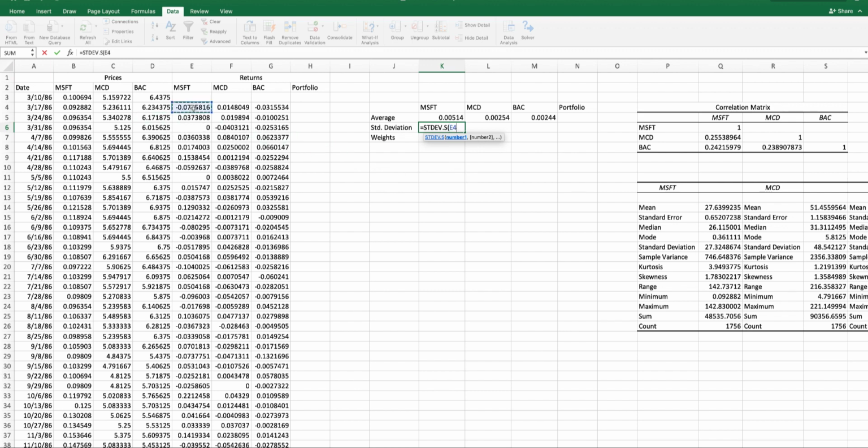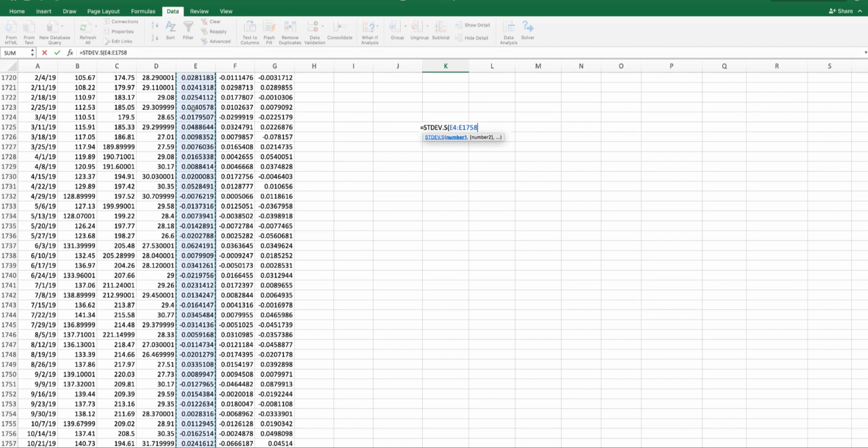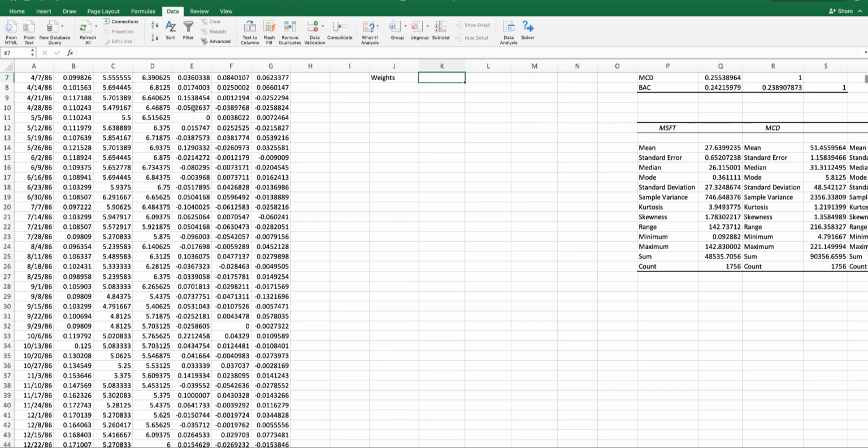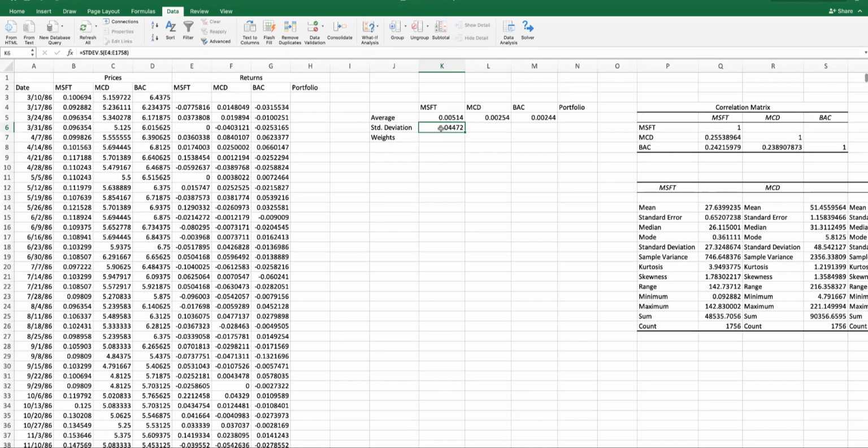Okay. Same thing, select Microsoft, shift control down, select all Microsoft returns, and then we can drag this for McDonald's and Bank of America. Okay, so we now have some return and risk information about Microsoft, McDonald's, and Bank of America.